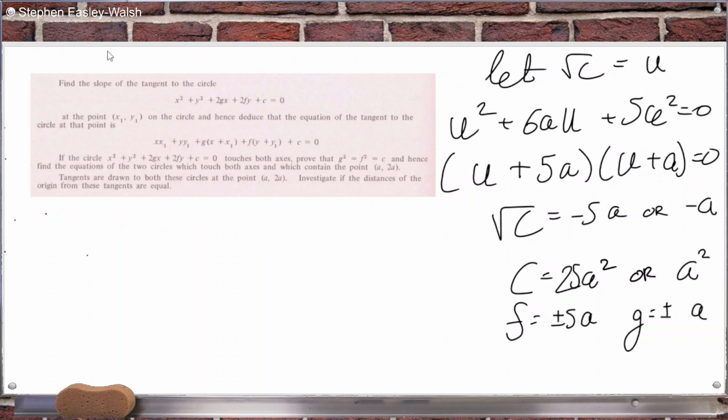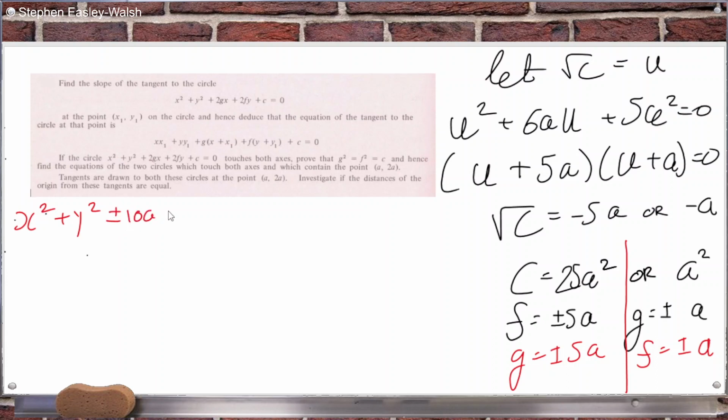Because the first possibility here, it's like this. So I should have written here g equals plus or minus 5a, and then here f equals plus or minus a. So it's either going to be x squared plus y squared plus 2g, so that's plus or minus 10a x, and then the f, plus or minus 10a y, and then just plus 25a squared equals 0.